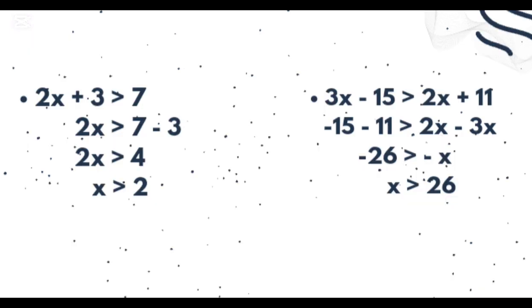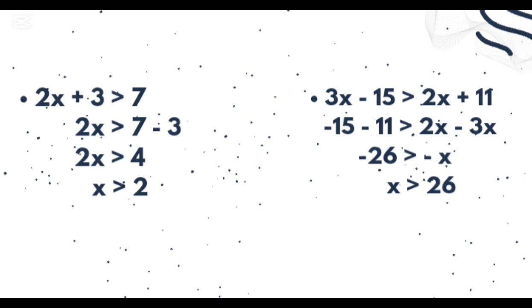Now, let's try solving linear inequalities with an example to understand the concept. 1. 2x plus 3 more than 7. To solve this linear inequality, we would follow the steps given below.